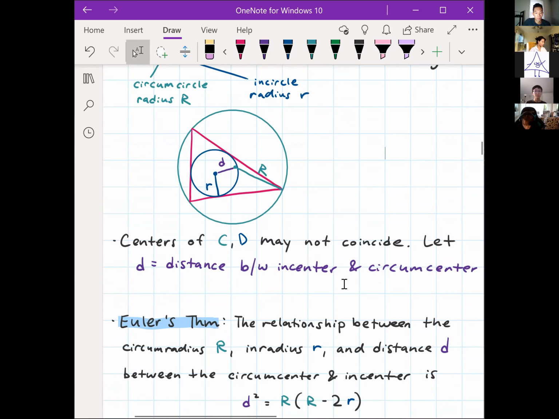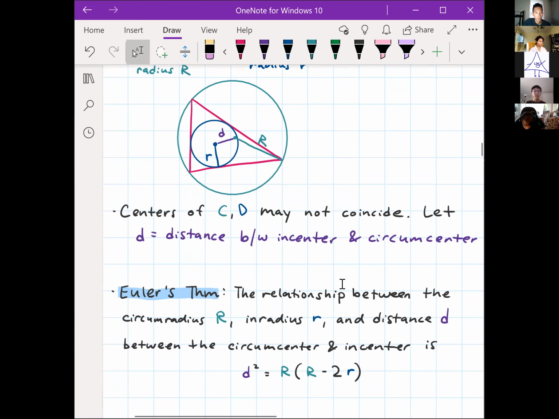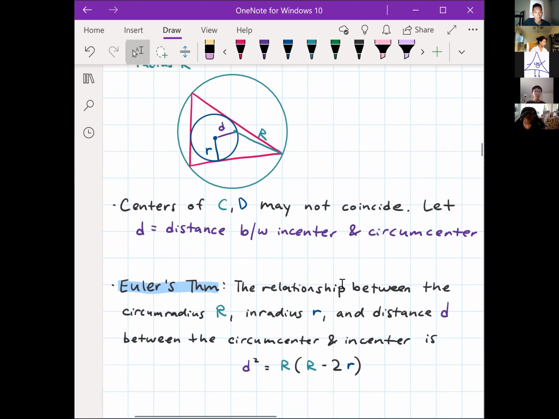Euler's theorem says that the relationship between the circumradius big R, inradius little r, and distance d for a triangle is this polynomial equation: d squared equals big R times big R minus 2 little r. So this is the relationship for a three-sided polygon.